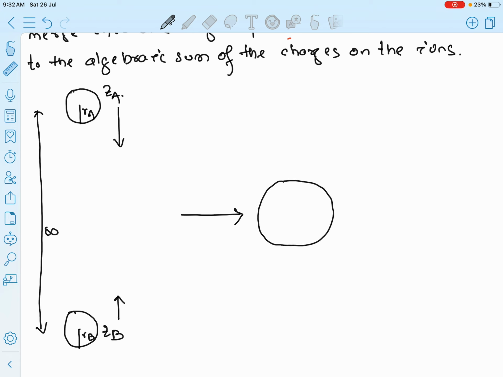An activated complex is nothing but the combination of the two ions approaching closer to each other, and the charge on the activated complex will be the sum total of the charges on each ion.